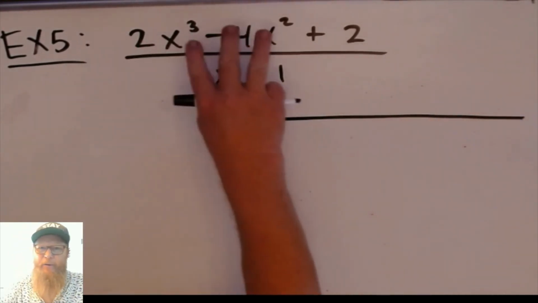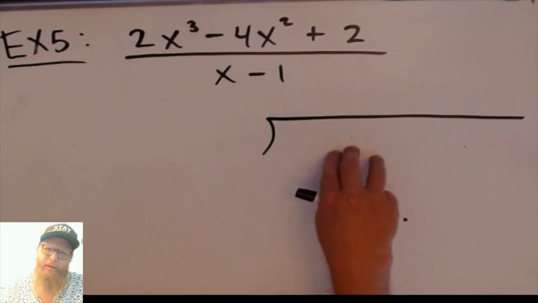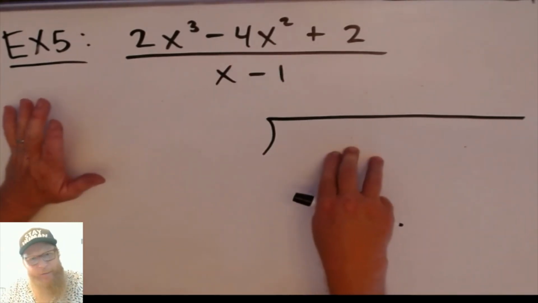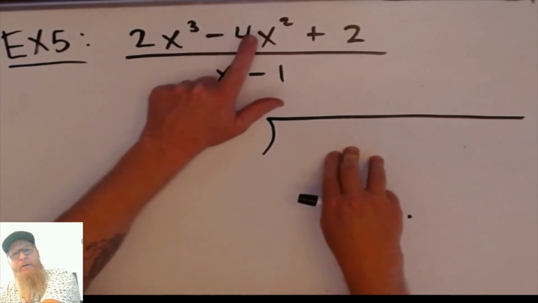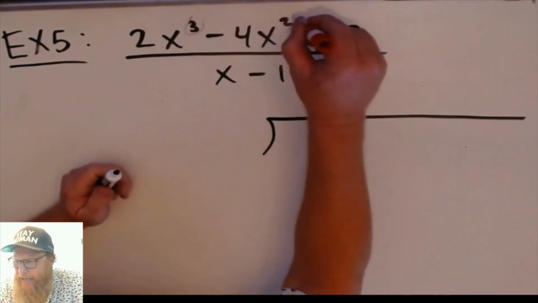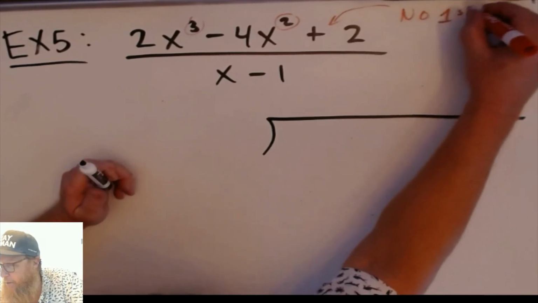The reason why I wrote this one down first, when I could have just put it right in here, is that I did it intentionally because I want to discuss the missing term concept that we haven't had happen recently. There's a third power. It only applies to the dividend. There's a third power. There's a second power, but there's no first power.